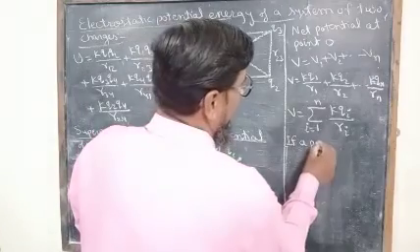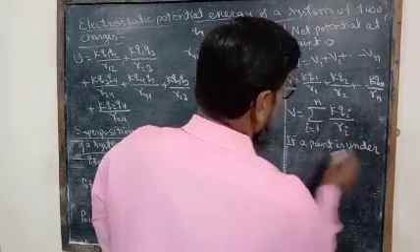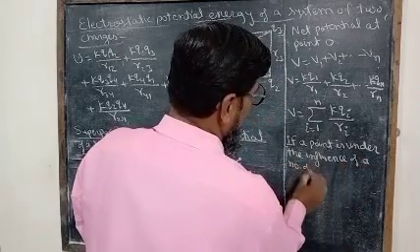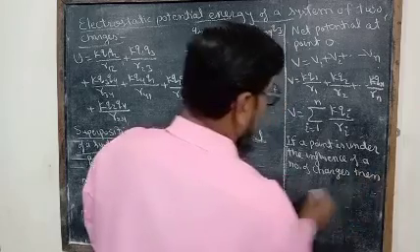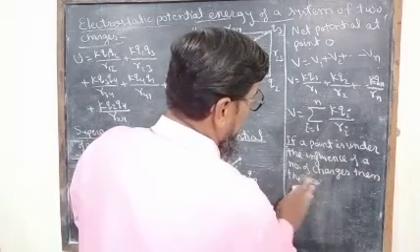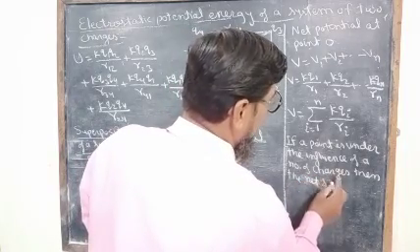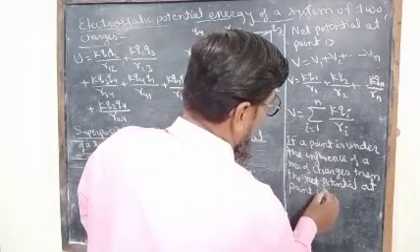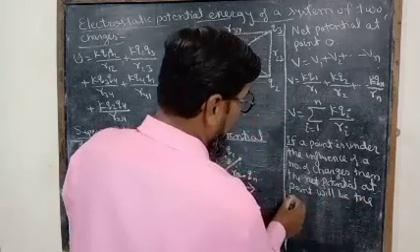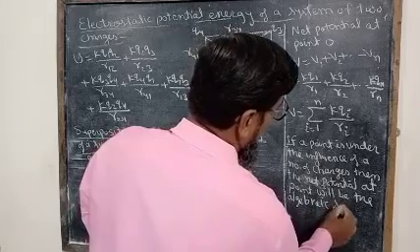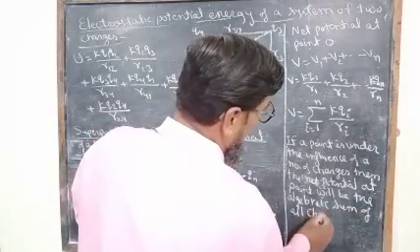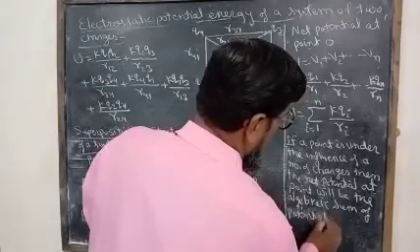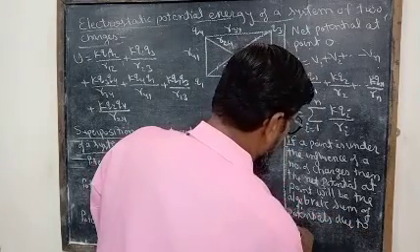If a point is under the influence of a number of charges, then the net potential at the point will be the algebraic sum of the potentials due to individual charges.